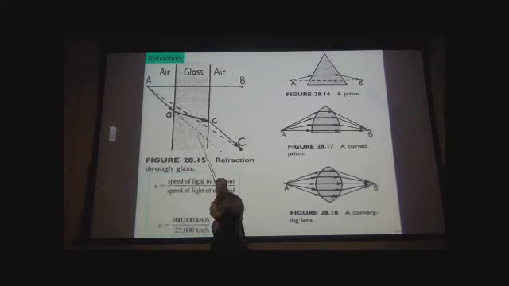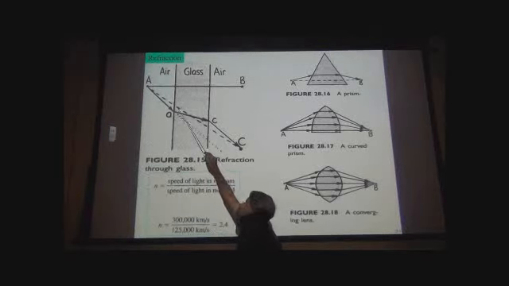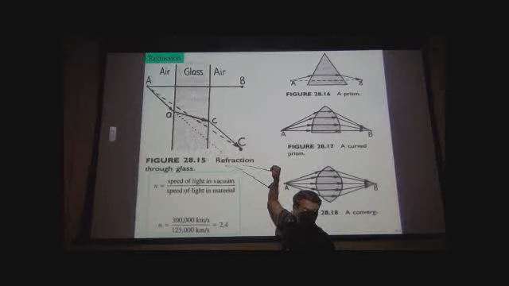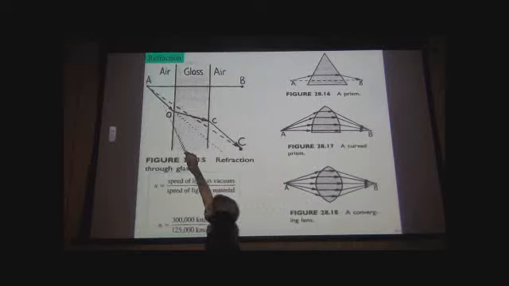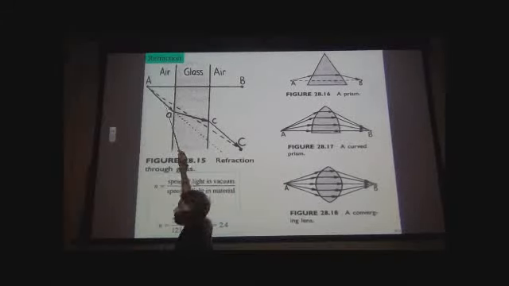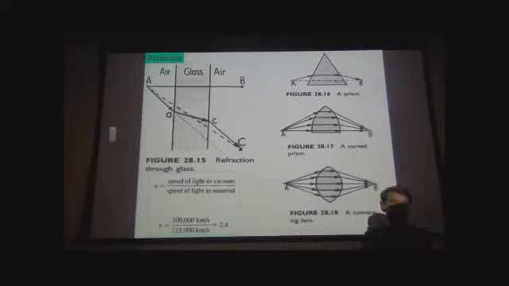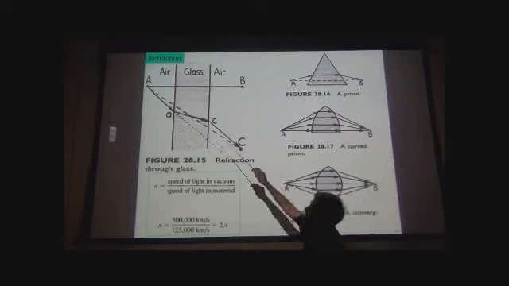Like this is the really congested part of town. So instead of taking the shortest path through the glass, light travels a longer distance in the less dense medium, in the air, and travels a shorter distance in the glass. So this is an application of Fermat's principle of least time, and that's what leads to refraction, the bending of the light ray.